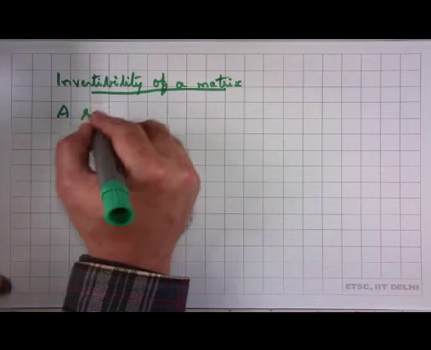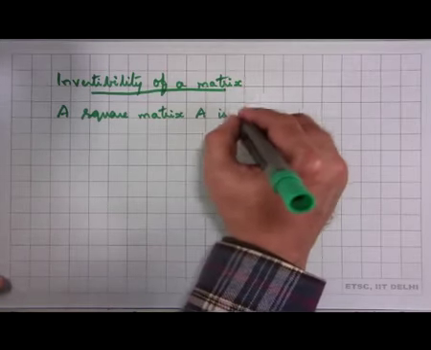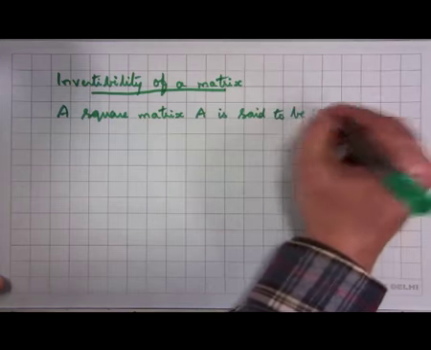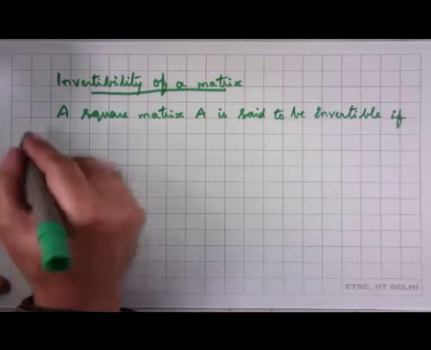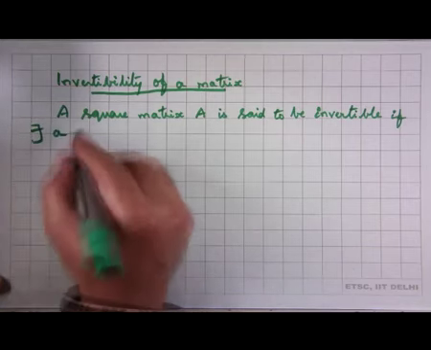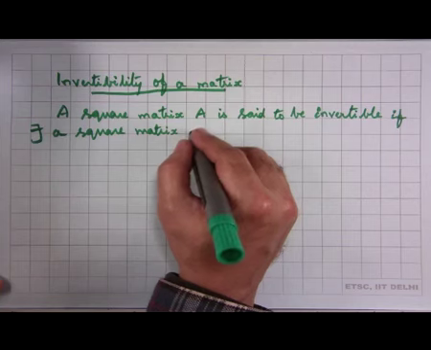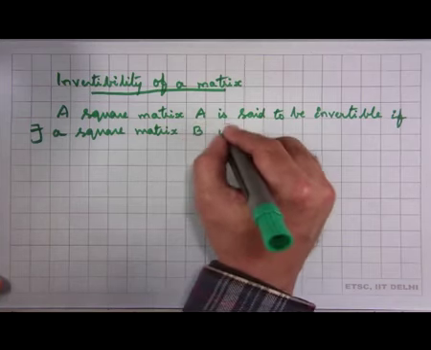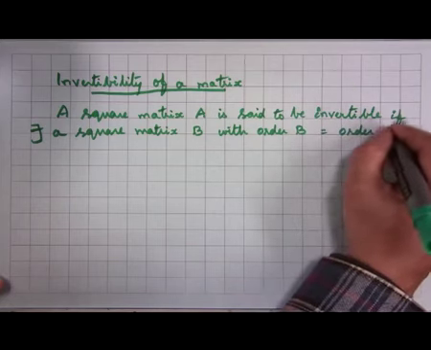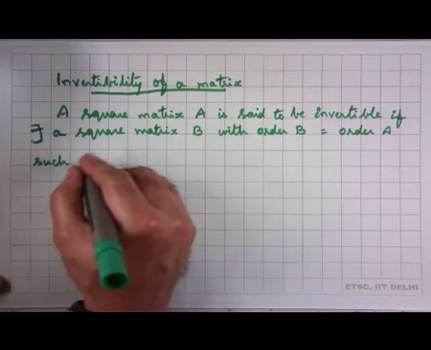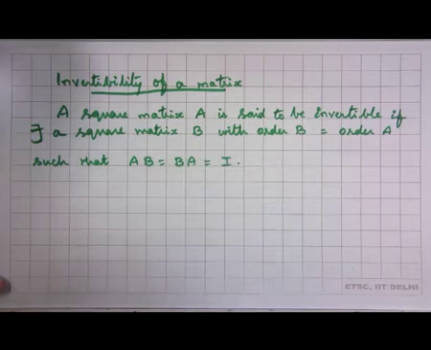So, a square matrix A is said to be invertible if there exists again a square matrix B, with order of B equal to order of A, such that AB equal to BA equal to the identity matrix, right.